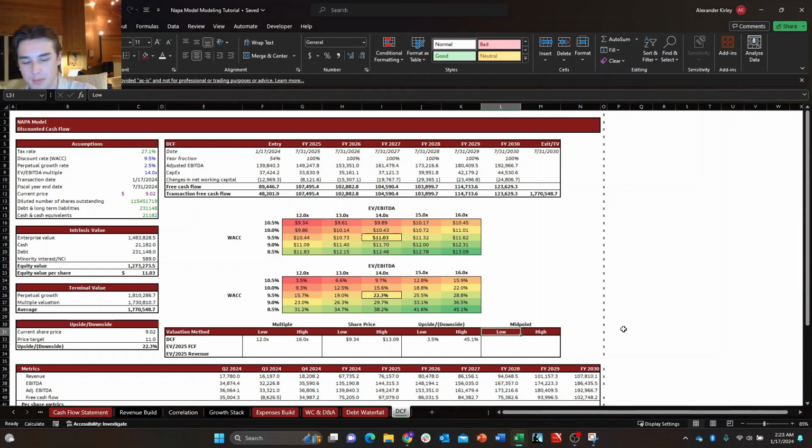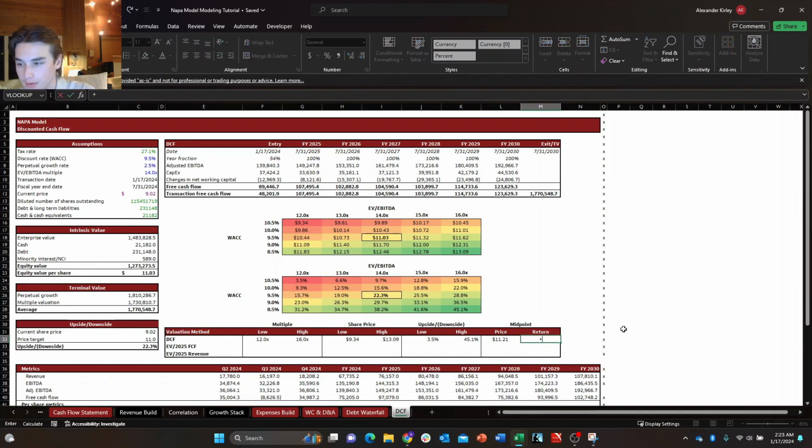Oh, forgot to enter my midpoint, so here I'll do price. Here I'll do return. So price, midpoint, do this. Add these two.